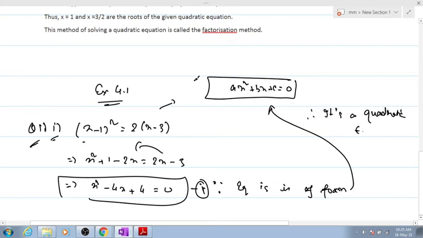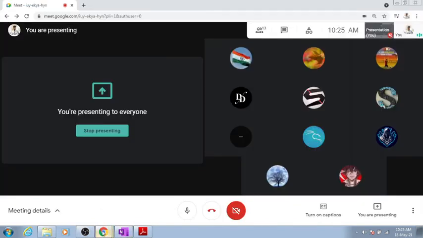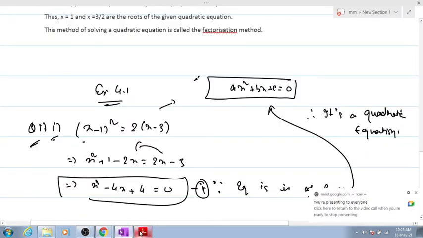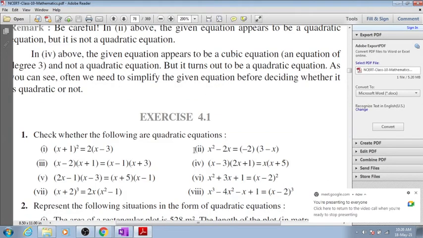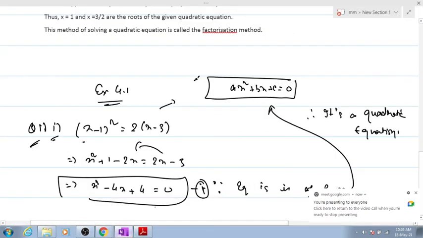Everybody clear? Yes or no? The way of writing will be as I have written it. Now kindly copy this down, and now we'll have to do 2, 3, 4, 5. Keep going on.